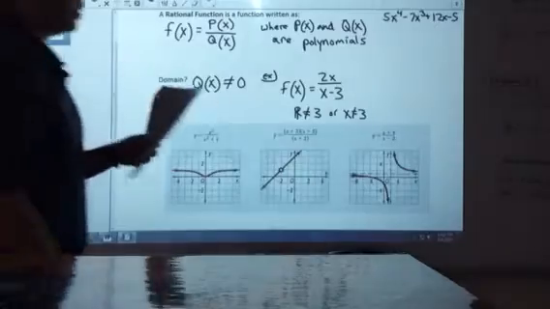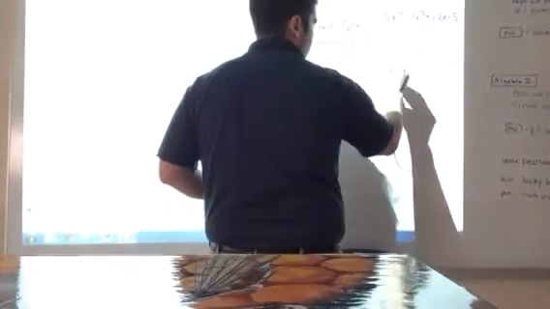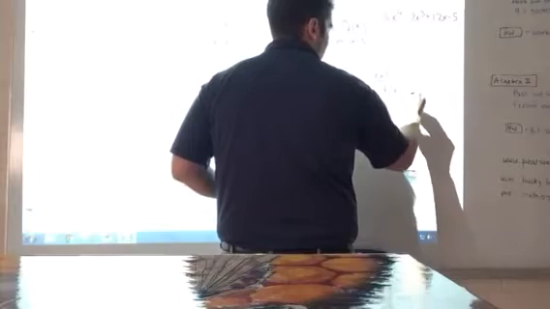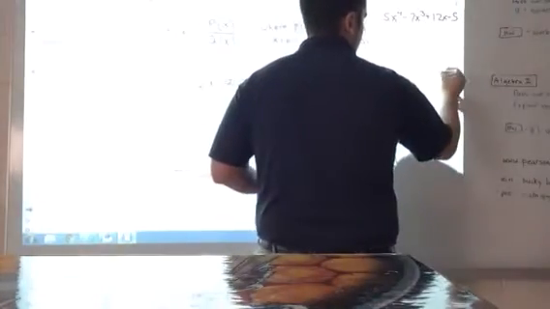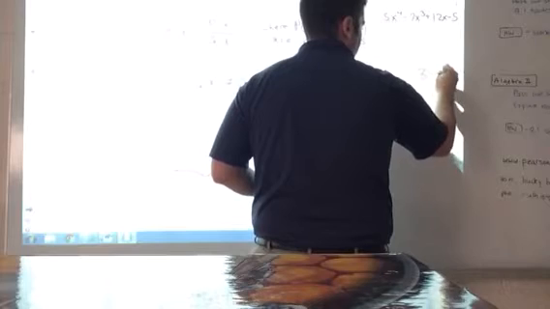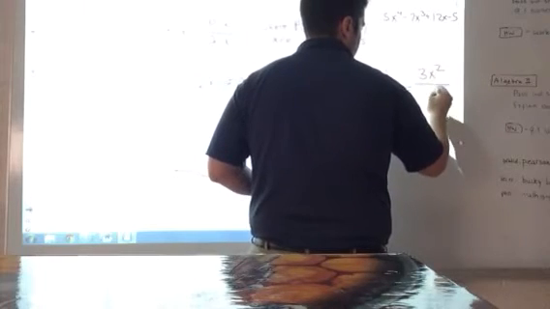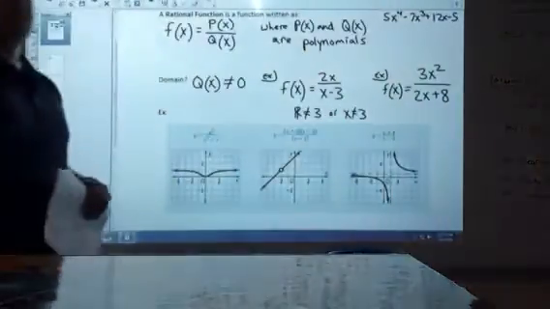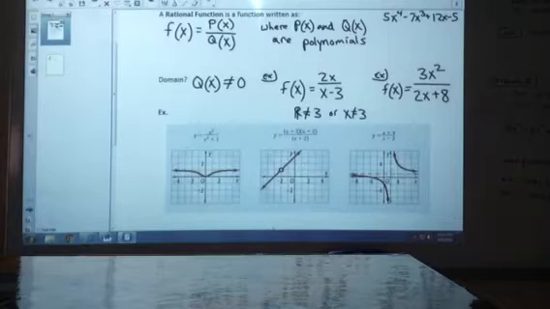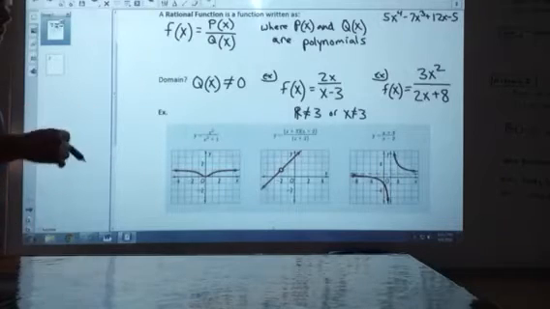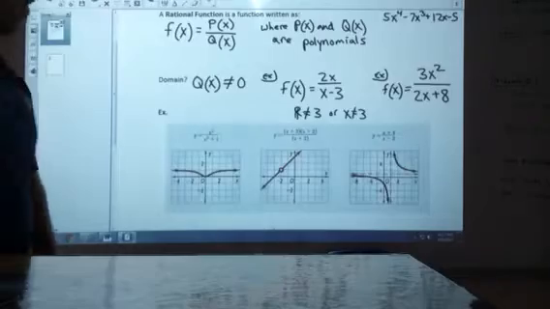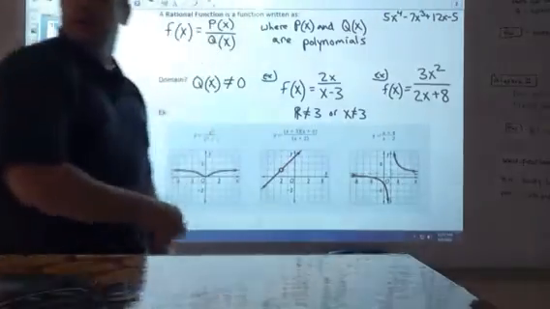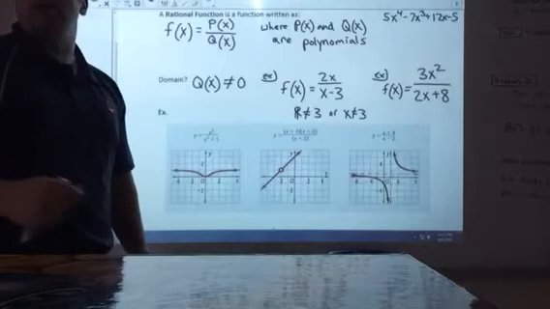Okay. Let's say you've got something a little more complex though. Let me give you another quick example. You've got f of x equals 3x squared on top, and on the bottom you've got 2x plus 8. Go ahead and write that in. F of x equals 3x squared over 2x plus 8. Now, we don't want the denominator to equal 0, so when does 2x plus 8 equal 0? One thing I would do here, and it's good to get in the habit of, is always looking to factor.